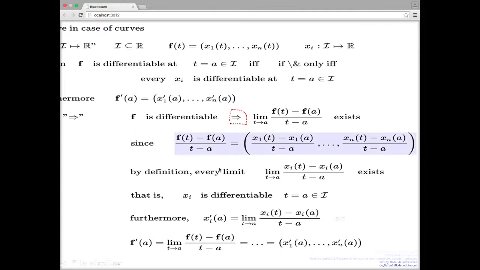The claim that this limit exists comes from the definition of the limit of a vector function, because the limit of a vector function exists when every component limit exists. This claim comes from the reference to the first year material, because when such a limit exists for a numerical function, that's how we define the differentiable numerical function, and that's the symbol which we use. That's all the reference you have to make in this argument.